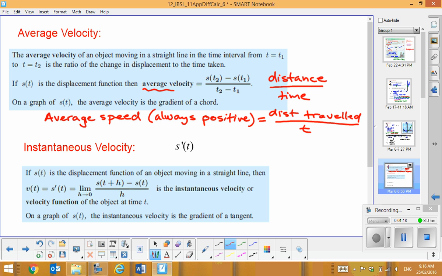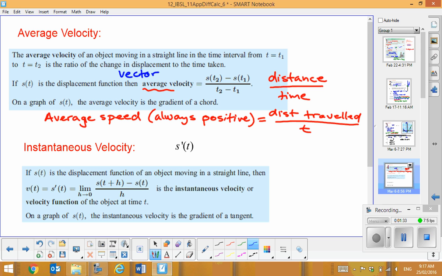Whereas now we're talking displacement. So displacement is a what quantity? A vector. So velocity is also going to be a vector quantity.